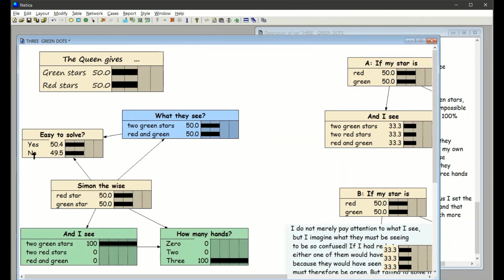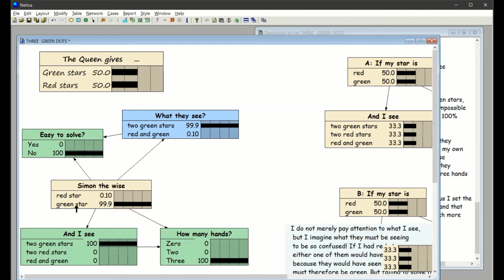And easy to solve, he says, no. And from that, he figures, well then, it's almost certainly the case that they must be seeing two green stars. But if that's the case, then he himself must have a green star.